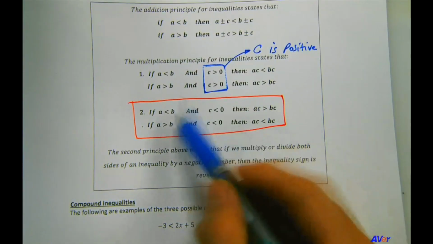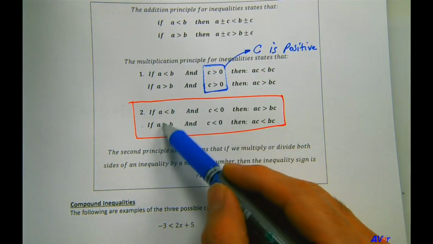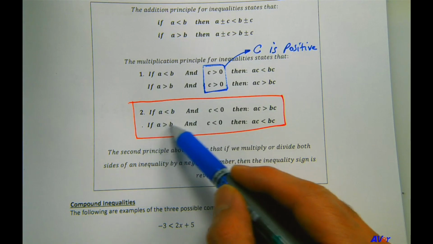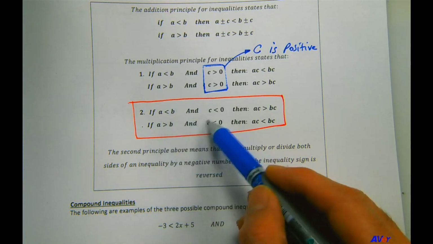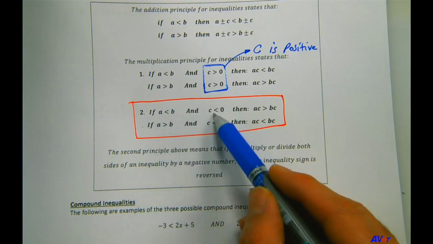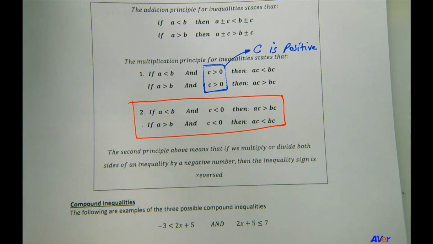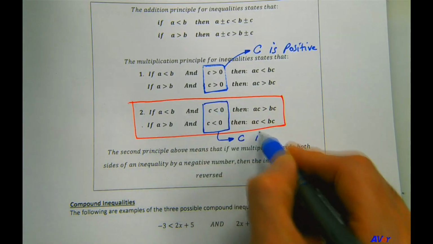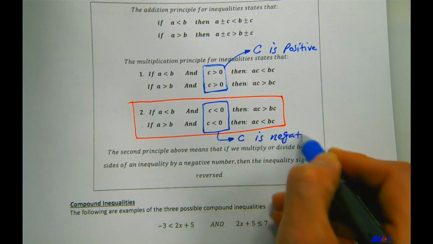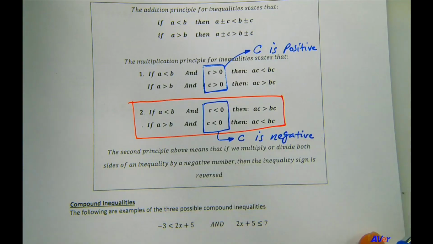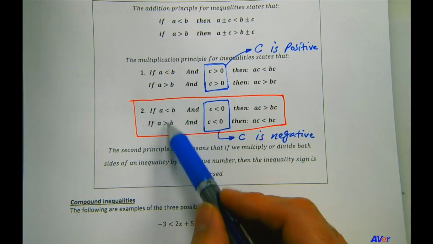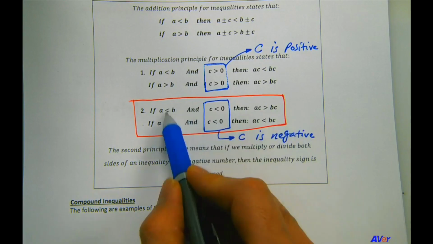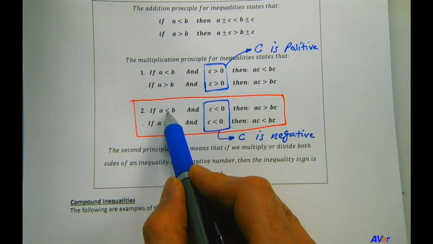If we have an inequality of either kind, left side less than the right side or left side greater than the right side, and we multiply both sides by a negative value, so C less than 0 means C is negative, then the direction of the inequality is going to change to the opposite.